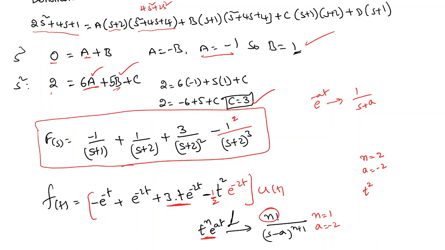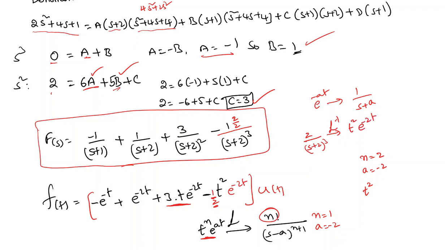Since I do not have n factorial, I'm going to multiply and divide this by 2. So when I do that, I can pull the 1/2 outside, so I have 2 over (s + 2) cubed. Now I can write this inverse Laplace as t² times e to the power of minus 2t.